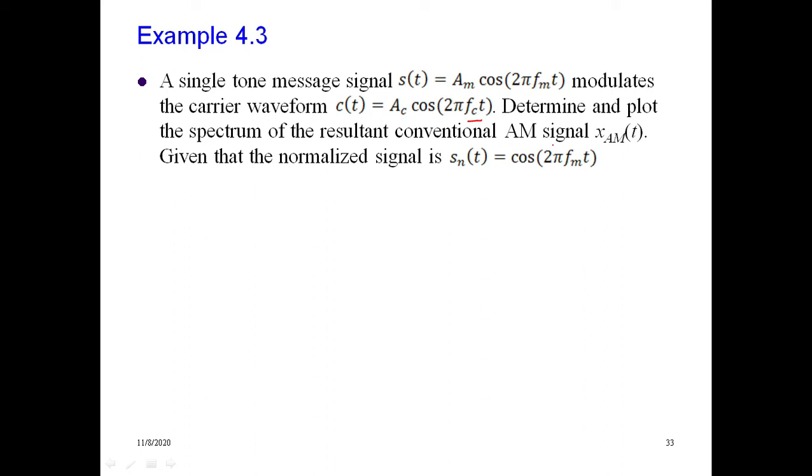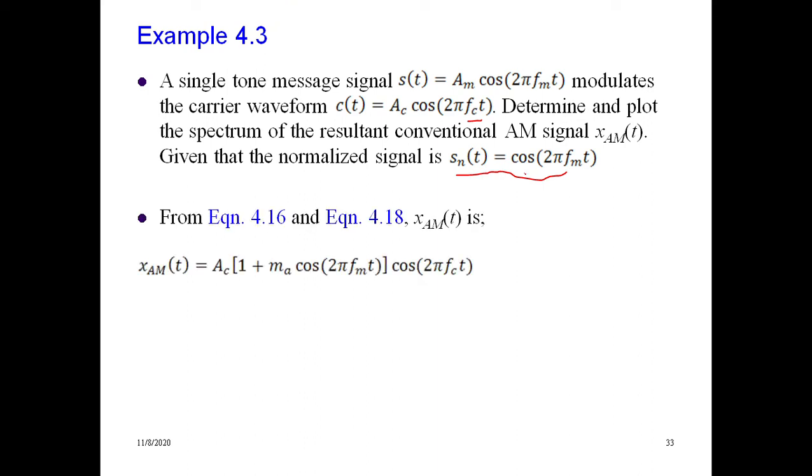I think we have done this for DSB-SC, but right now we want to see the difference in conventional AM. In this example, they have given you S(t) as cos 2 pi FMT, which means the message amplitude is AM. So right now we just use this S(t) in the equation.